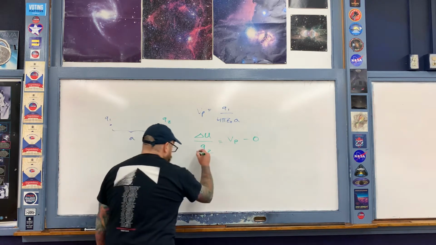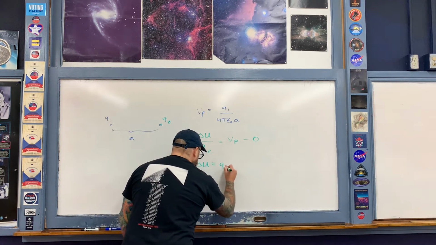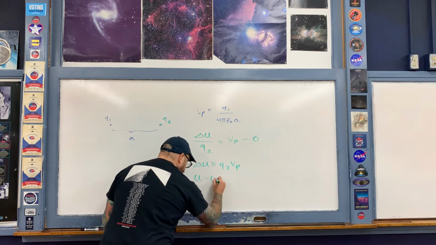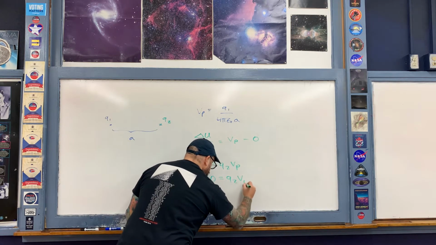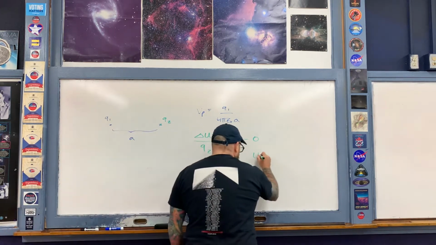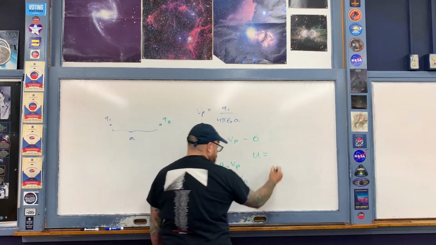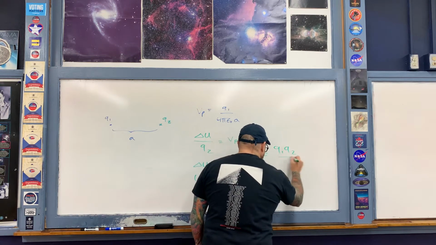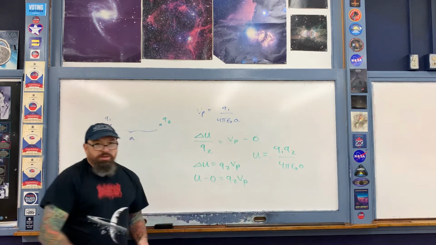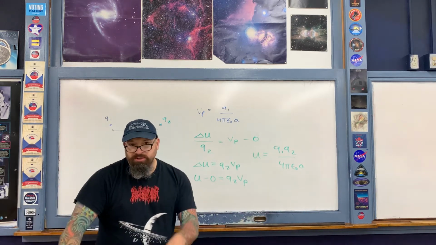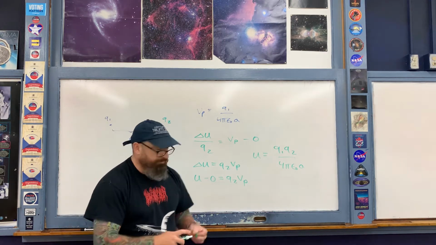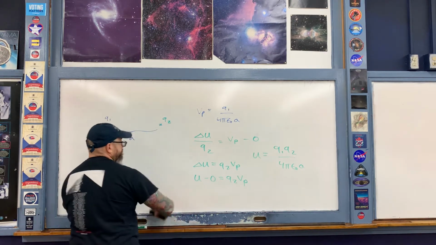So we have the change in potential energy as Q2 times Vp, the final value minus the initial value of 0 at infinity. And then the amount of potential energy now stored in these 2 charges is the following expression. So the energy necessary to assemble these 2 charges is Q1 Q2 divided by 4 pi epsilon naught times A.